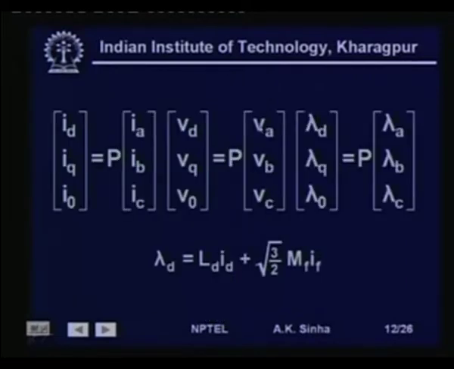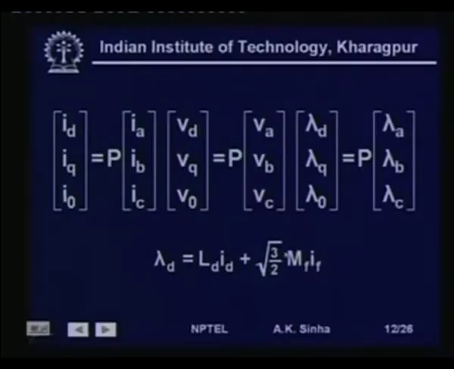where we have this Ld as the direct axis self inductance. That is, what we are saying is that this is the self inductance of a fictitious coil, which is representing the ABC frame coils or the actual ABC phase coils in the direct axis.